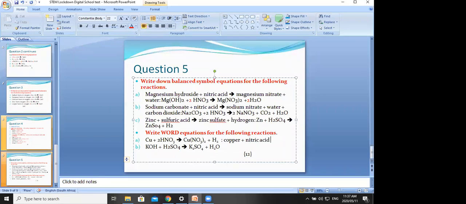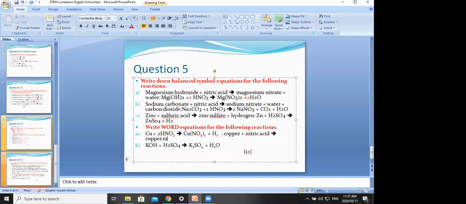It gives us copper nitrate and hydrogen. You're getting your full marks there. KOH plus H2SO4 to give us K2SO4 plus H2O.